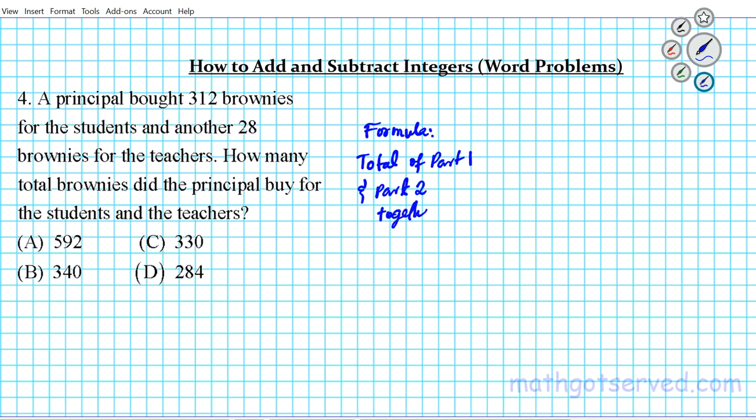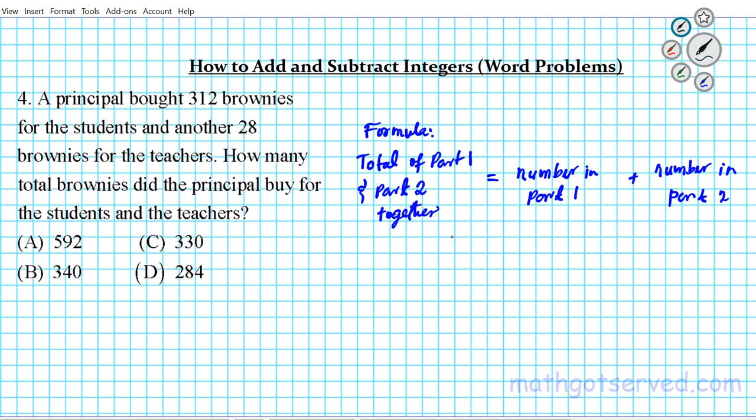Since you're looking at what they are together, the operation here is you're going to add, okay? So it's going to be number in part 1 plus number in part 2. And that's going to be the answer.